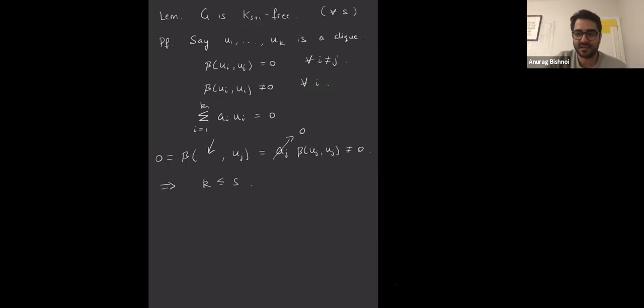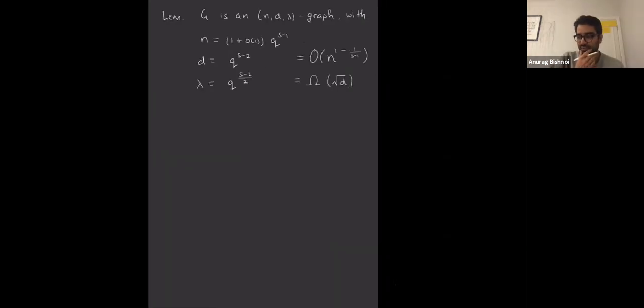Now, why is this graph an nd lambda graph? That's the main thing that we want. So here's my next claim, and this will require some more effort. I claim that this graph G is an nd lambda graph where n is roughly q to the s minus 1, which is essentially the whole projective space.